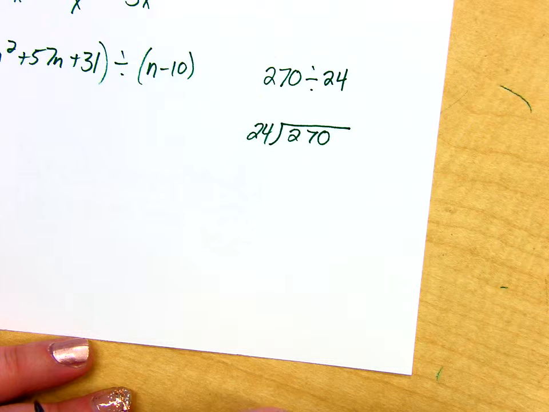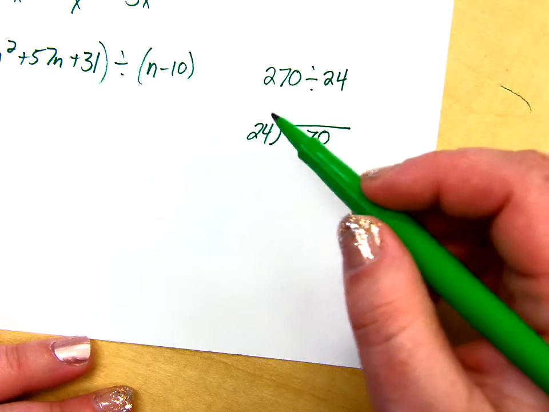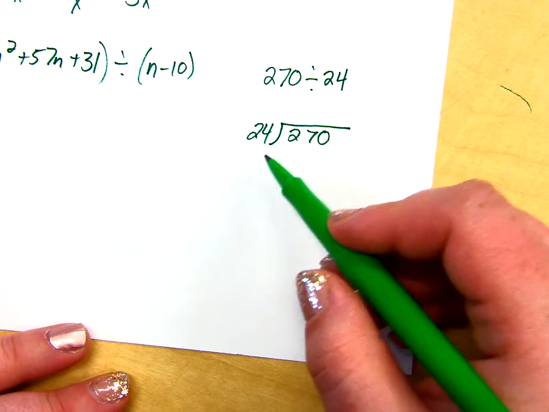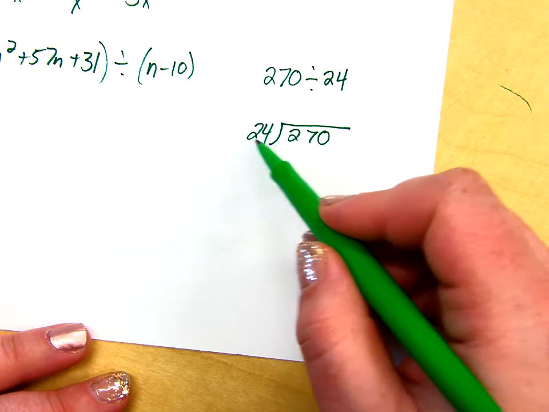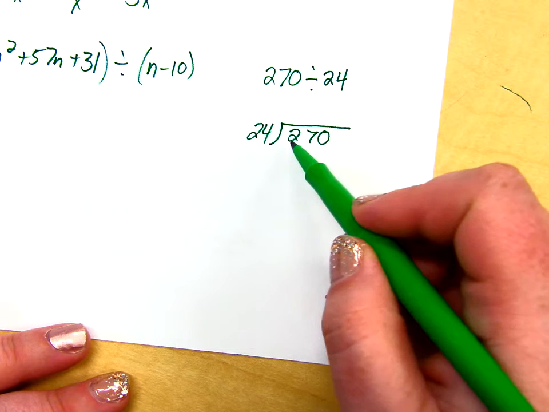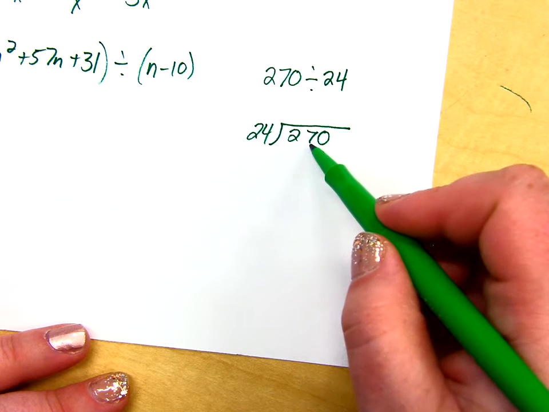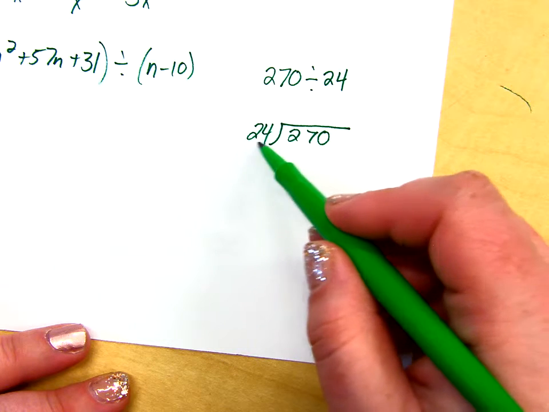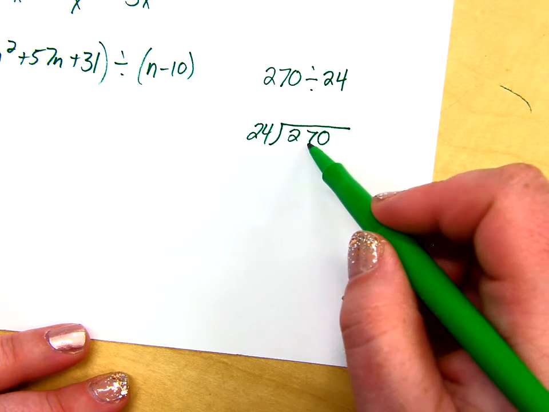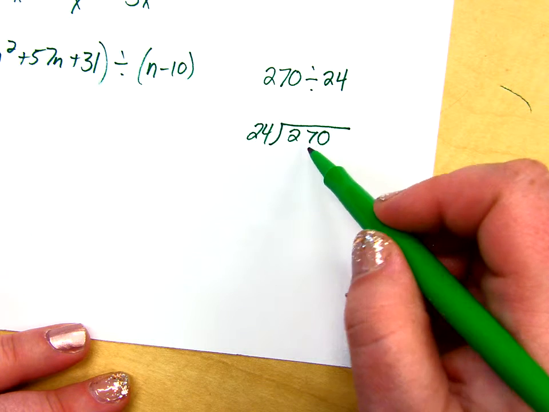Did you remember the steps? So let me walk you through if you've forgotten, because it's probably been a long time since you've done long division. You take your number out here, 24. 24 can't go into 2, so then I put two digits together, 27. How many whole times can 24 go into 27? One whole time, right?